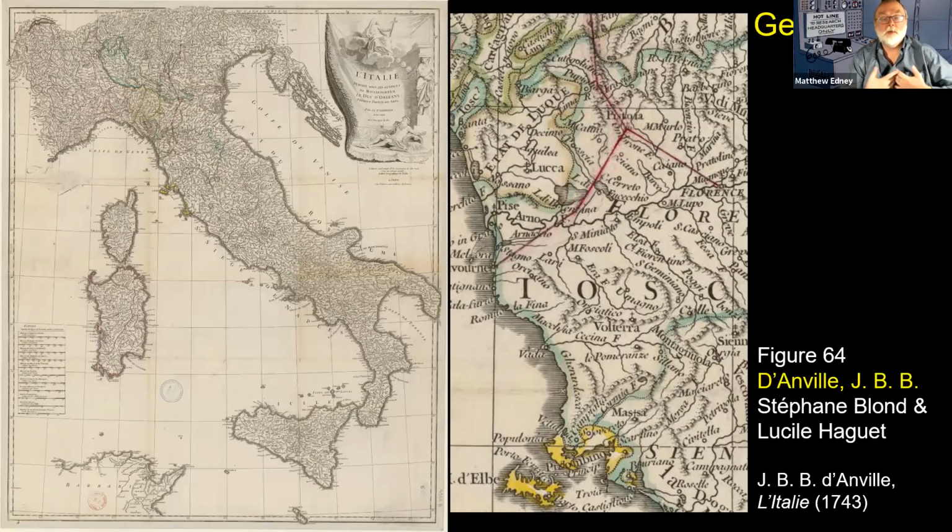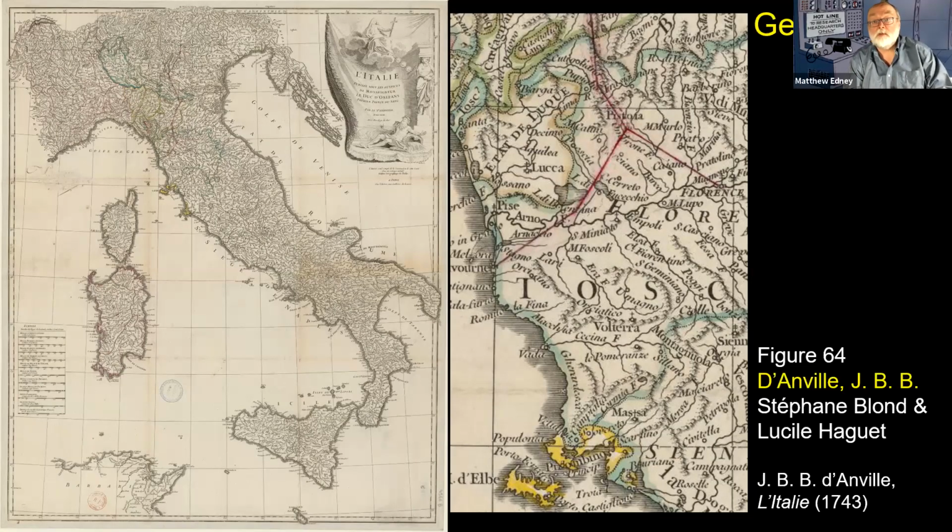Rather than doing what most geographers did, which is basically copy from other people, maybe add a few bits of new information, D'Anville went back to the sources. And one of the things he did, and this is again a period when latitude observations are very common, very easy. Longitude is still problematic, even in the 1740s. It's not going to become a huge number of longitude observations until much later in the century.